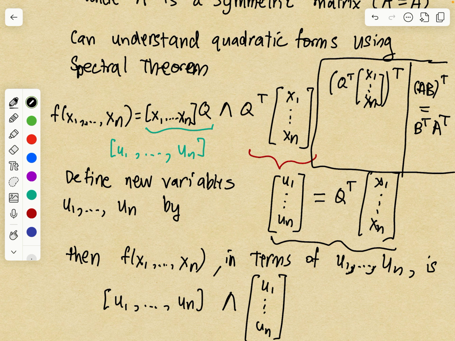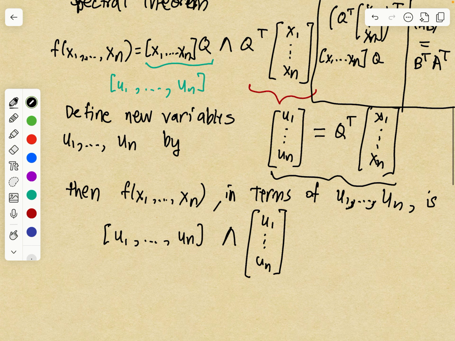So if you apply that in this scenario, you're going to get the transpose of the column vector x1 to xn, that's the row vector x1 to xn, and then times Q transpose transpose, that's just Q. So that's how we get that.